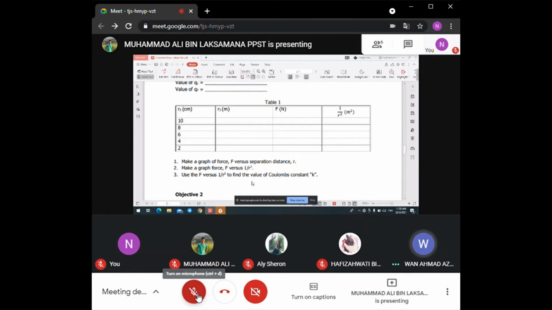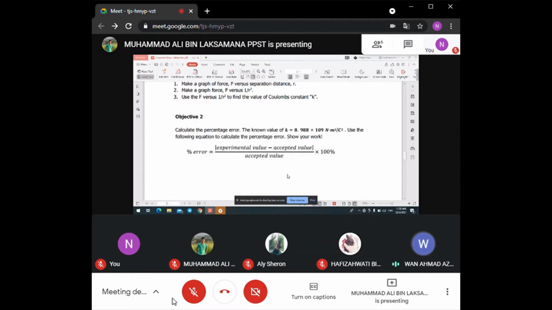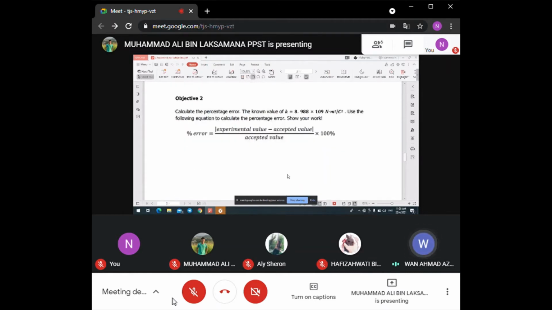In objective 2, we simply need to use the data from the result in objective 1 to determine the percentage of error by using the formula: experimental value minus accepted value, over accepted value, times 100%.